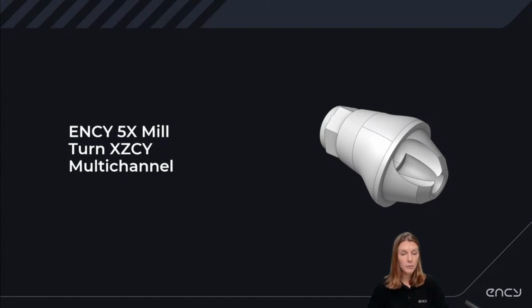So we have a flexibility in license configurations, and the precise license configuration you can request at your regional partner, or you can use the get a quote tab at ENCYcam.com, and your request will be elaborated pretty soon.